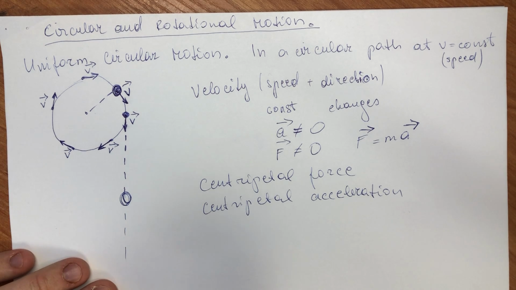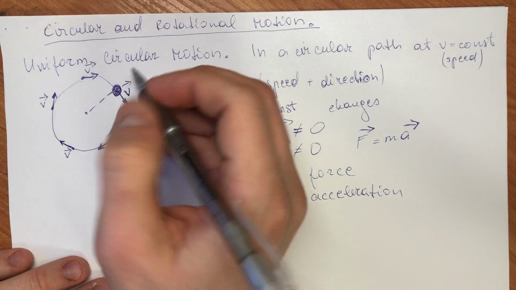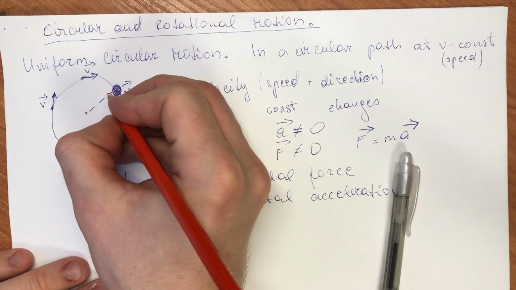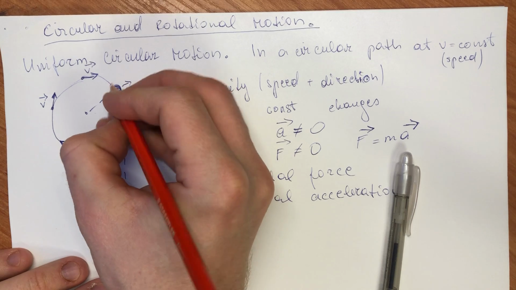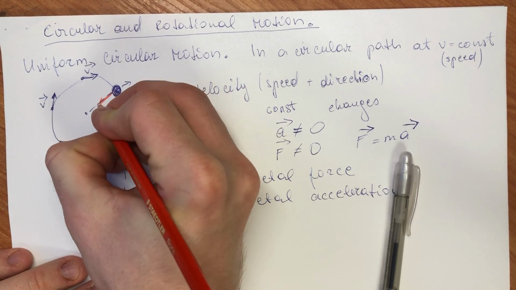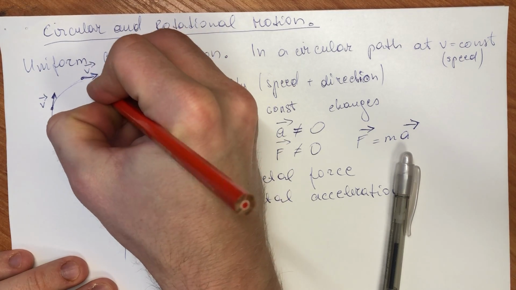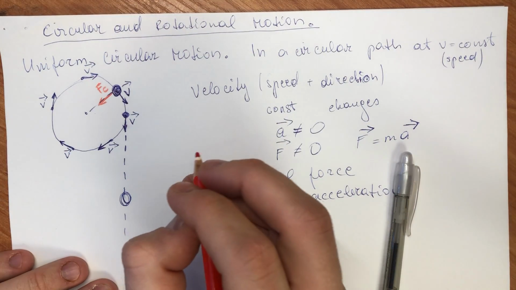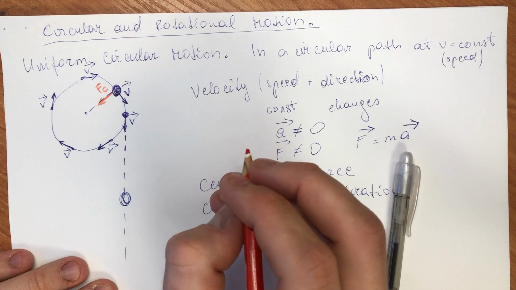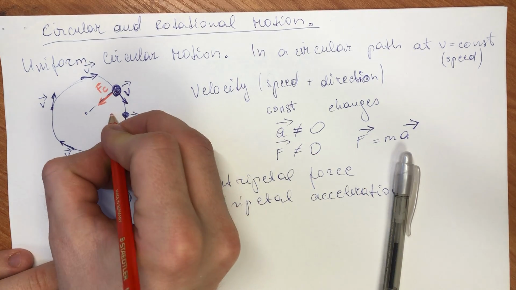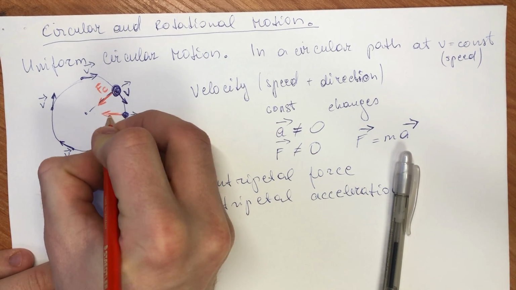So the direction of this force is to the center. Here would be F, let's call this F_C. The direction of force would be to the center of the circle.